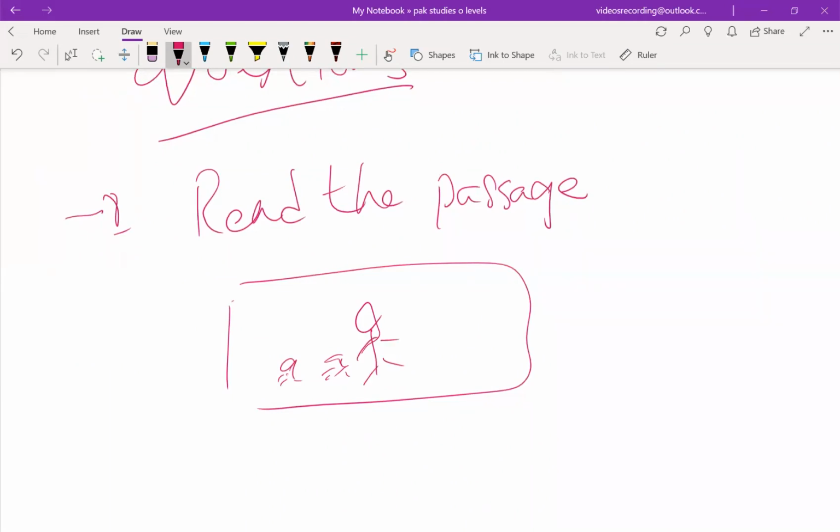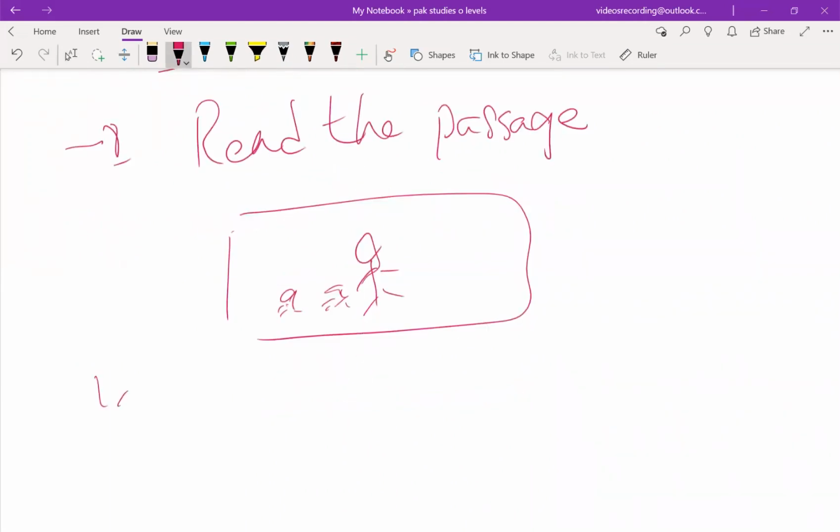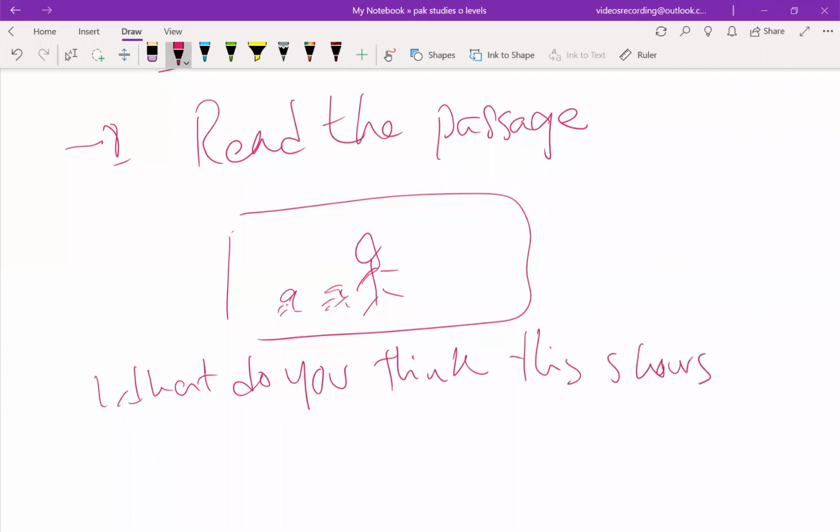So the question might be, okay, what do you think this shows? In this kind of question, one must understand that they're trying to make sure that you understand what kind of colonial mindset there was in, let's say, the late 19th century with regards to the British people.